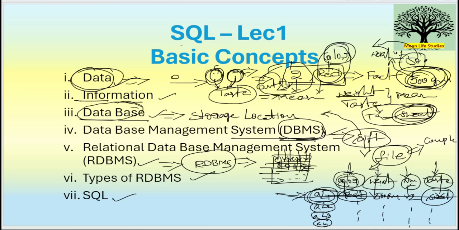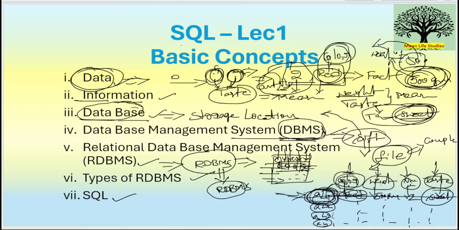So you'll be defining like this: AL1's color is red, AL1's weight is 500 gram. Likewise, you can define it here. This is how we will be building relations with rows and columns, and this data will be stored in databases, those are called RDBMS.